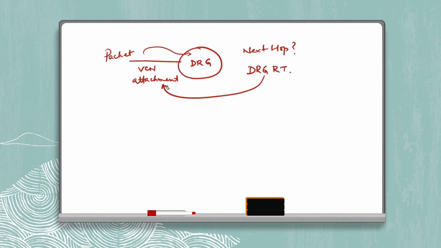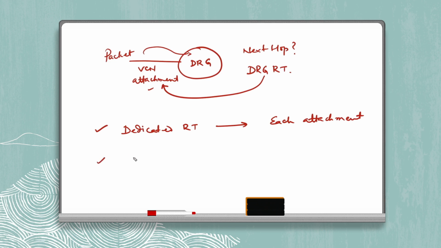You remember I mentioned that by default, there are two DRG route tables which are automatically created: one for the VCN attachment and one for all other attachment types. Also keep in mind that you can have a dedicated route table for each attachment. So this is also possible.